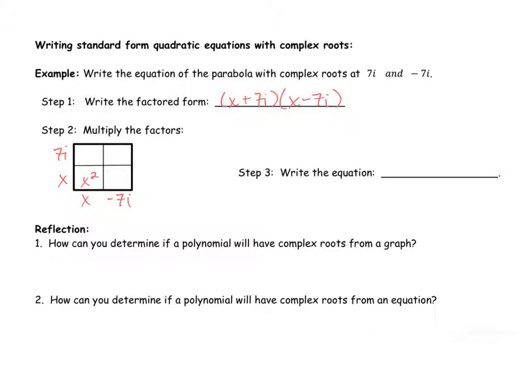X squared, 7ix, negative 7ix, and then this is going to be negative 49i squared. Sorry about that. Negative 49 times negative 1 is positive 49. Our 7ix, positive and negative, add out to 0, so we've got x squared plus 49.